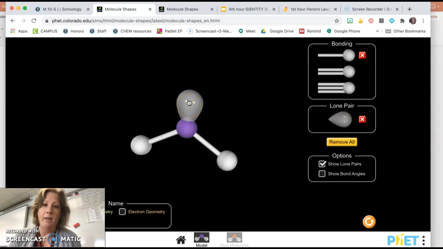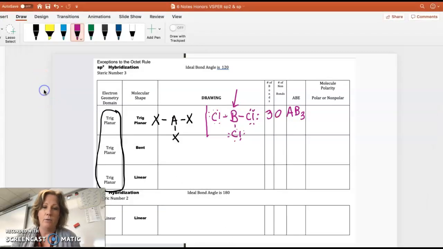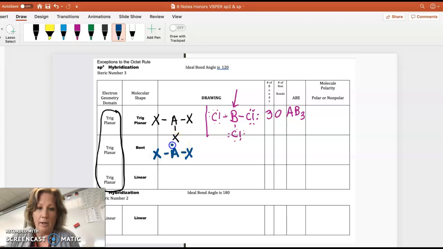So sp2 hybridization means there's 1, 2, 3 total bonding areas. 2 are bonds, 1 is just a lone pair of electrons on the central atom. So we'll go to our note sheet, and we would have a central atom A with 2 bonds and then 1 lone pair.